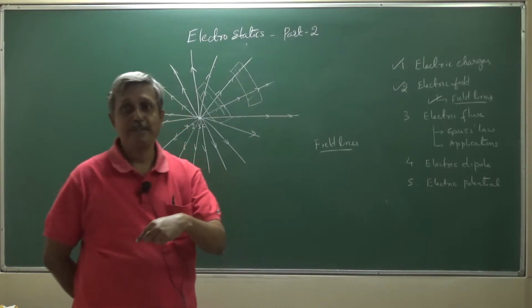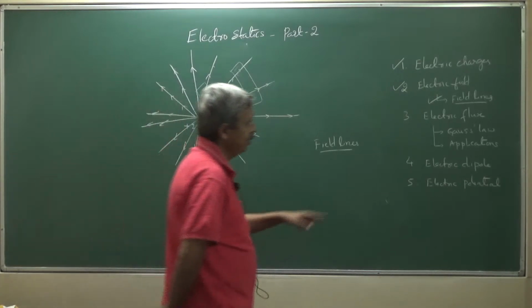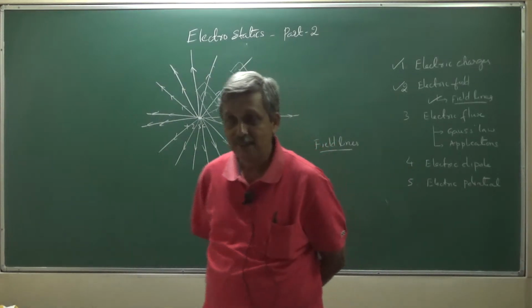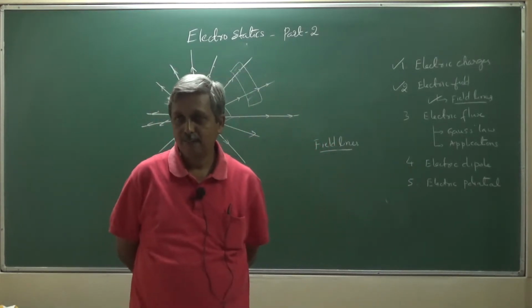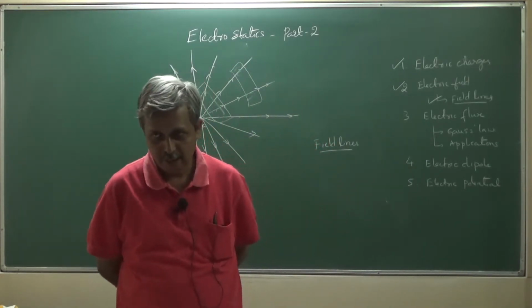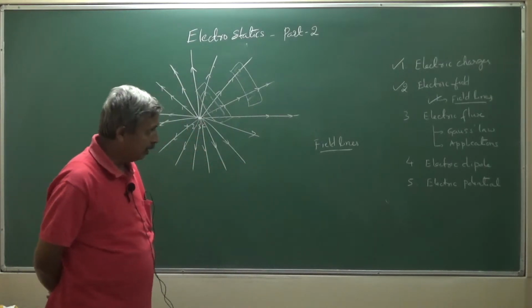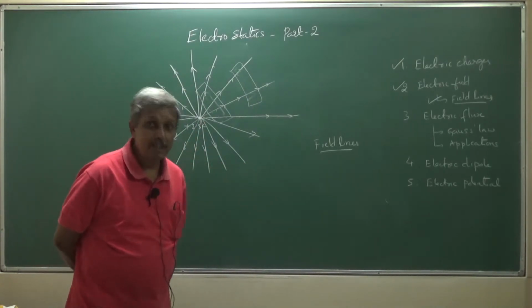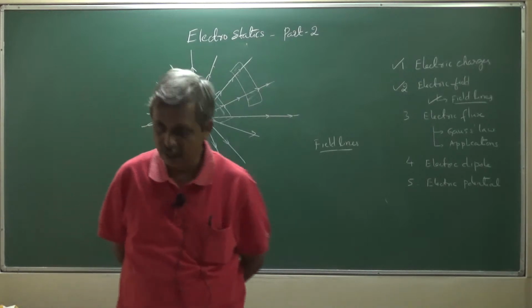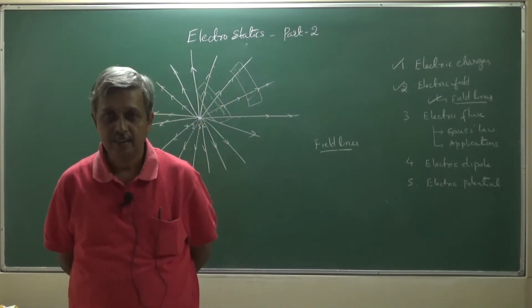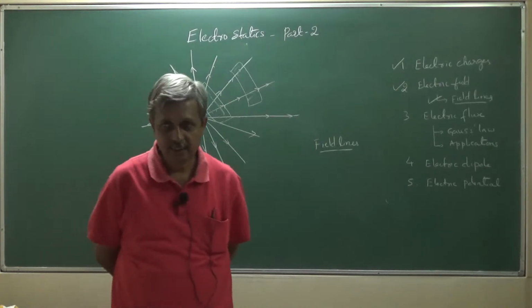Now we are going to basically utilize it more in defining what is electric flux. Electric flux is very interesting. We'll talk about electric flux. Okay. So electric flux is one more parameter, one more word that we need to understand in our electrostatics.